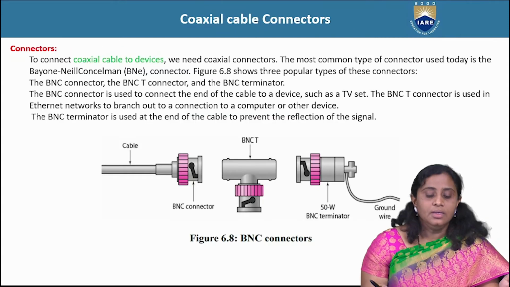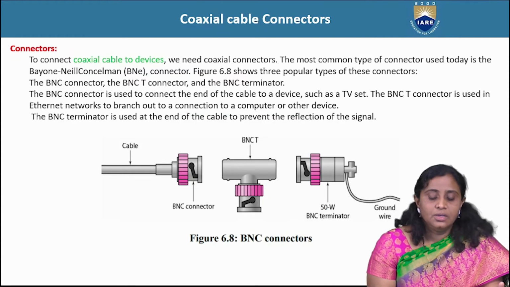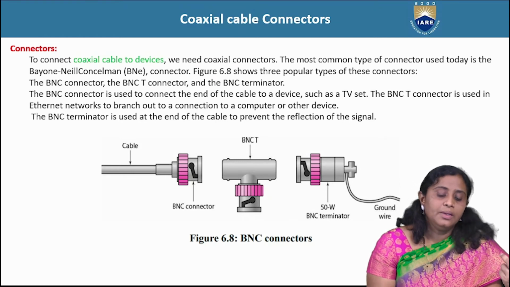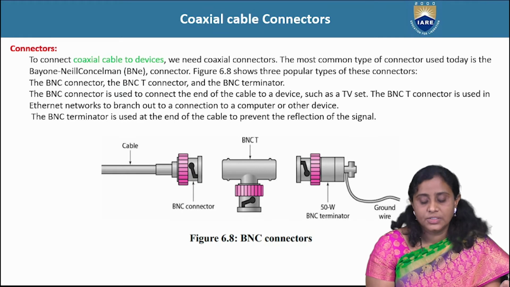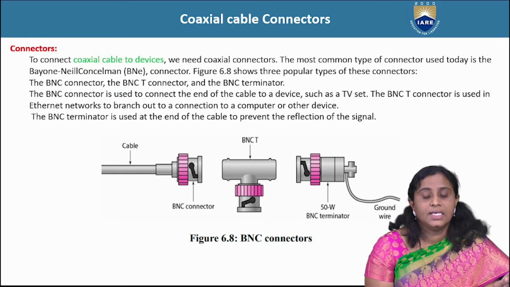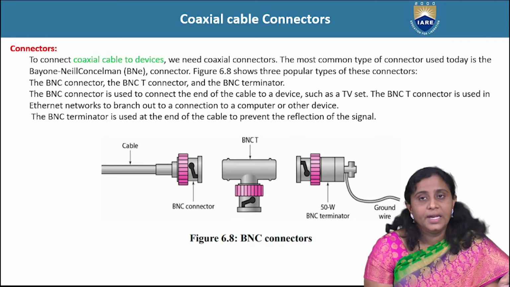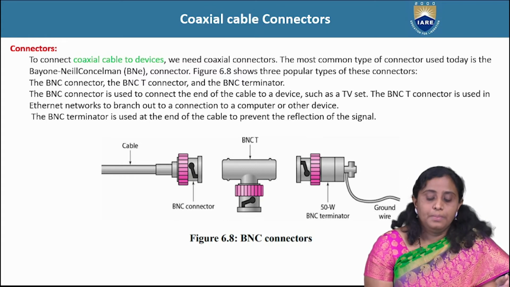So coming to the connectors which are used with coaxial cables, there are three types of connectors we have to identify here. The first one is the BNC connector, the second one is the BNC terminator, and the third one is the BNC-T.